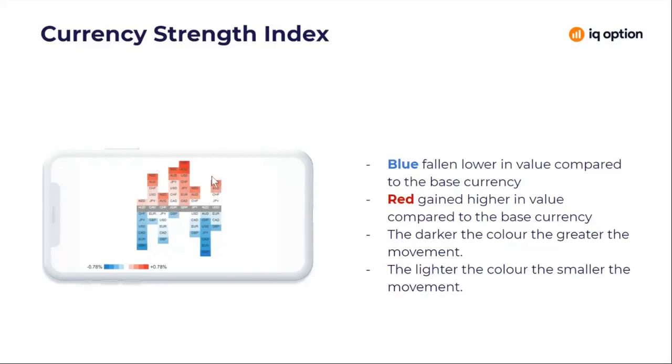Now, these indicators do change. Depending on what indicator you're working with, they may have a different color, may have different notations. The red means that it has gained higher value compared to the base currency. So NZD is stronger in relation to GBP.